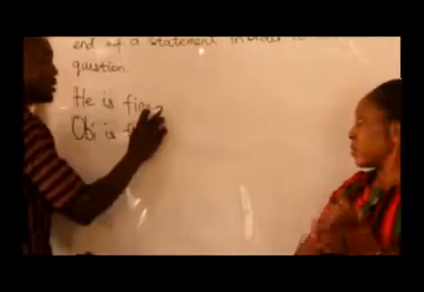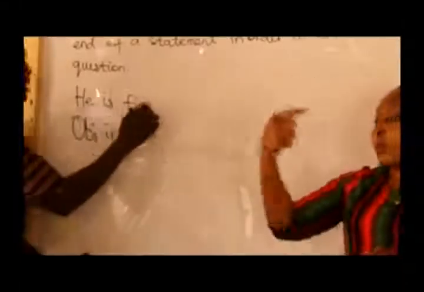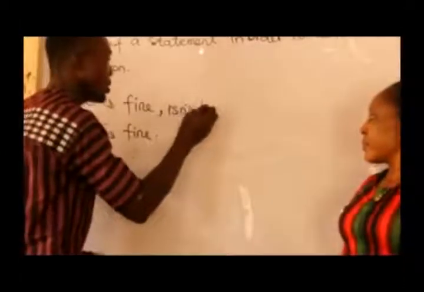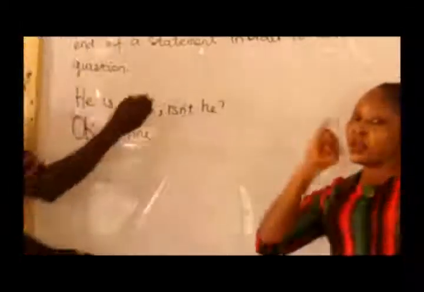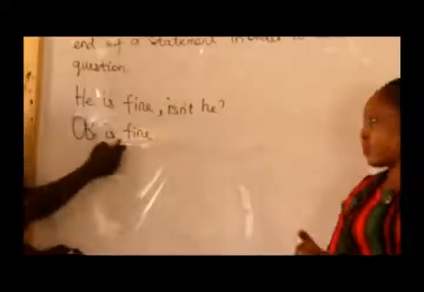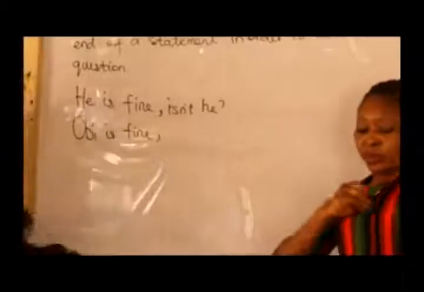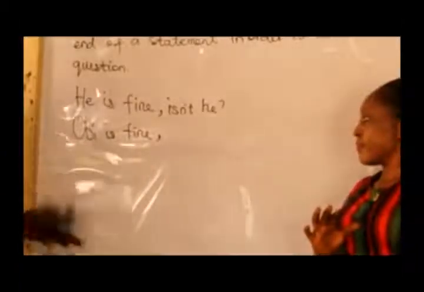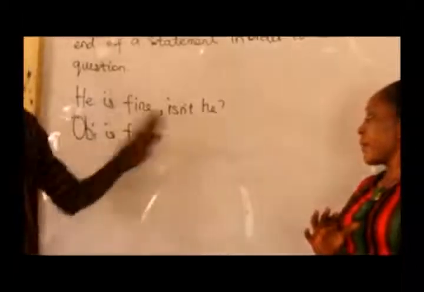Let's see how we can construct tag for this statement. So we add, he is fine, we put our comma, isn't he? Obi is fine. We do not consider that this is Obi a noun. The tag says that it must be a pronoun.